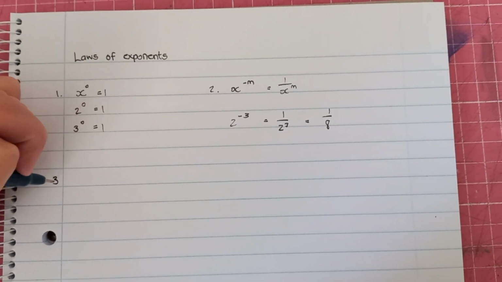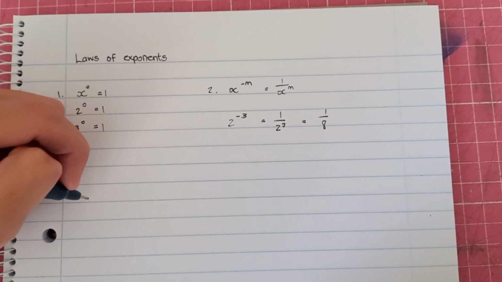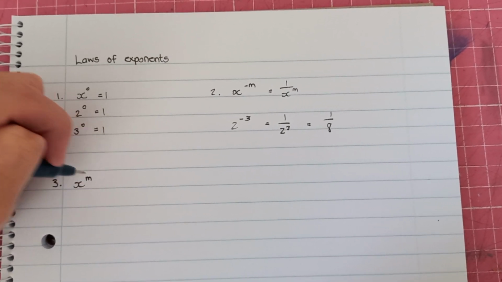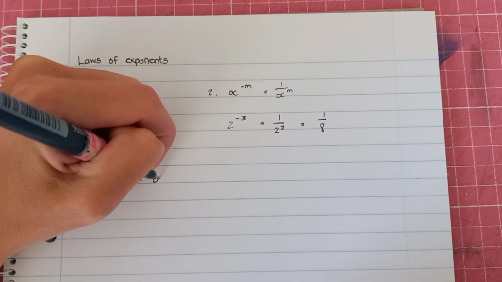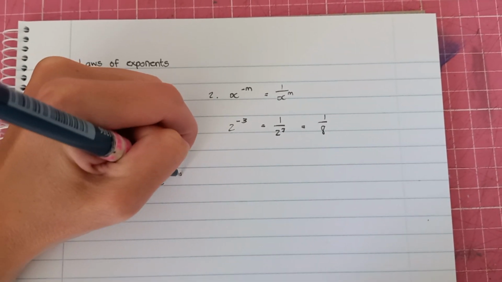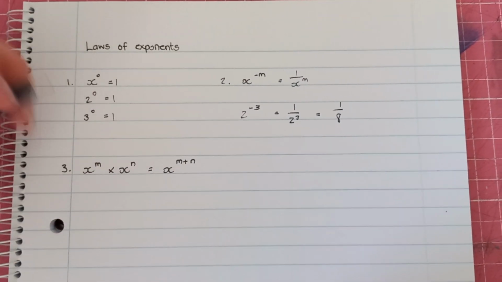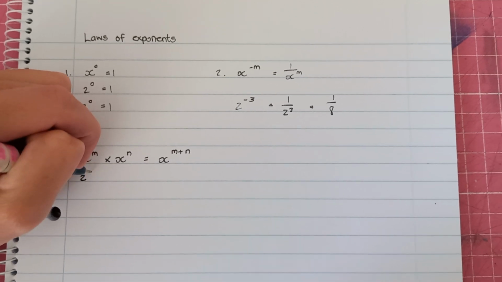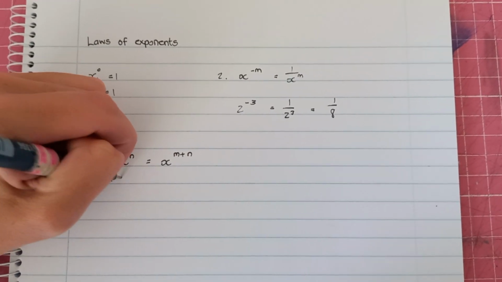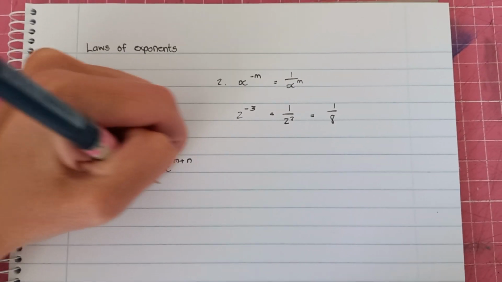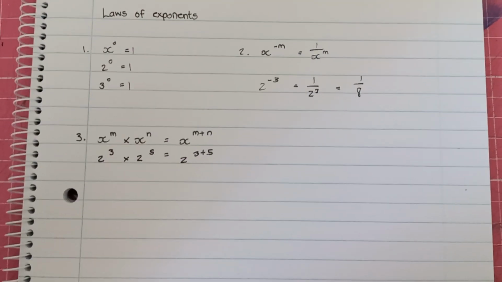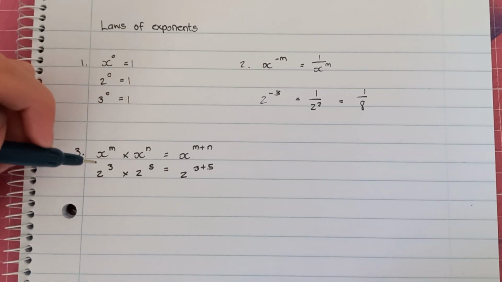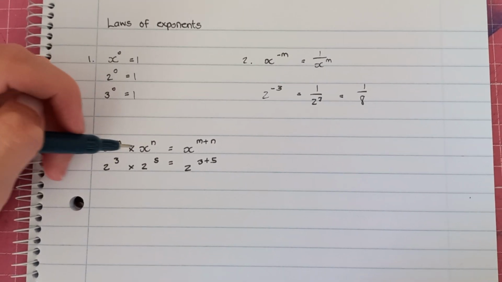So the third rule of exponents will be x to the power of m times x to the power of n equals x to the power of m plus n, okay? So that also applies again to anything. So if you have 2 to the power of 3 times 2 to the power of 5, it will be 2 to the power of 3 plus 5. But please note that your bases have to be the same. So you can't do this with, say, y to the m times x to the n.